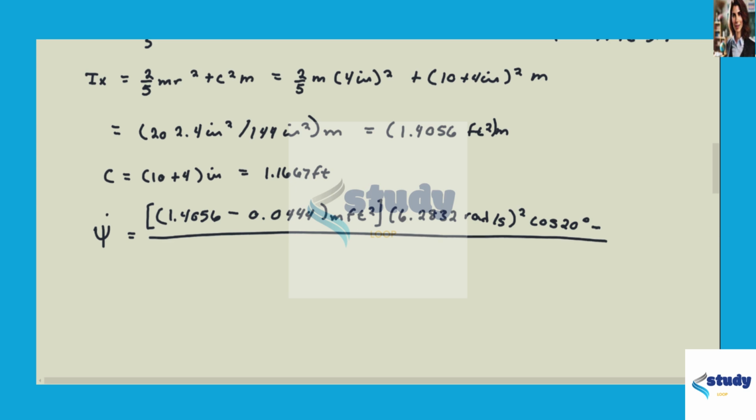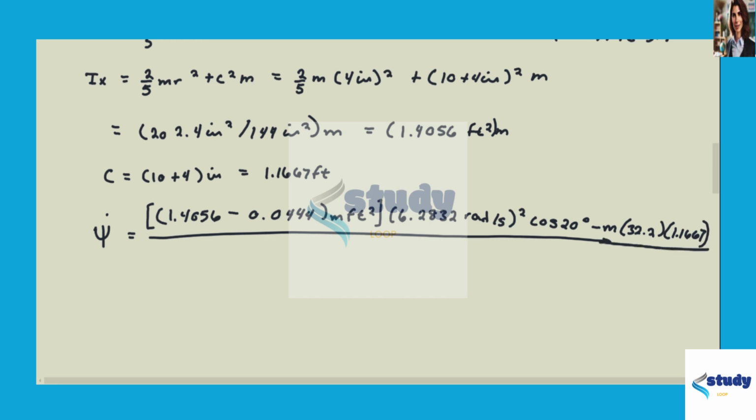So minus, we've got the m c, m times 32.2 times 1.1667. There we go.